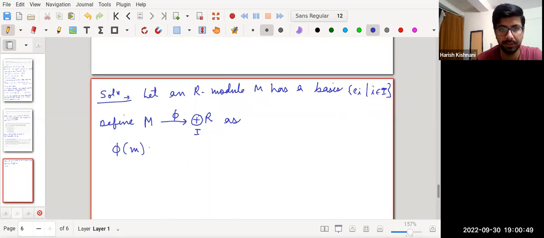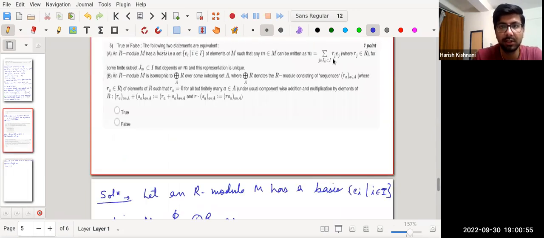Now this m can be written as a finite linear sum of these e_j's, and this representation is also unique.